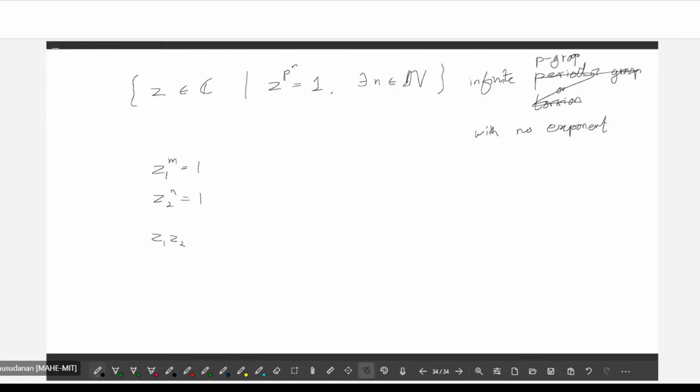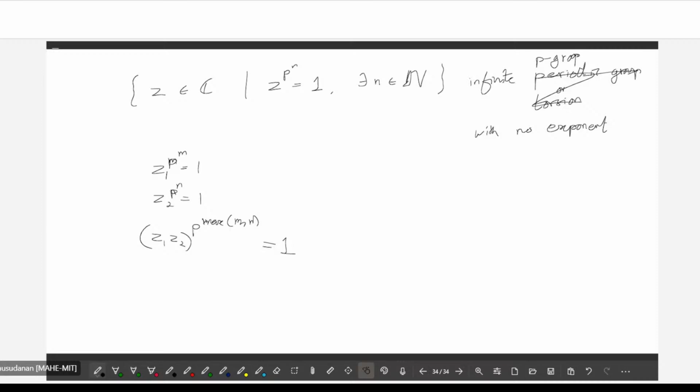Again, the question is, is it a group? You don't have to do that hard work. You can just say to the power p to the power m plus n.